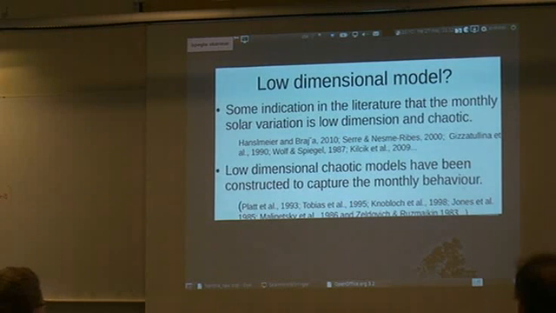But there is consistency in that some get 2, some get 7, some get 5, some get 3, and using different methods they all seem to agree that it could be something on the order of less than 10. So I think the result here is not that it's 5.2, but that it's sufficiently low dimension.